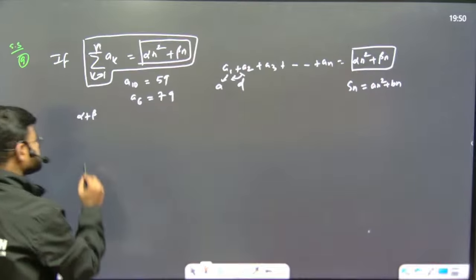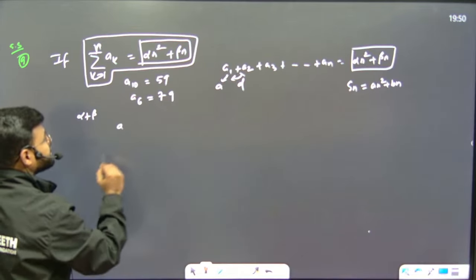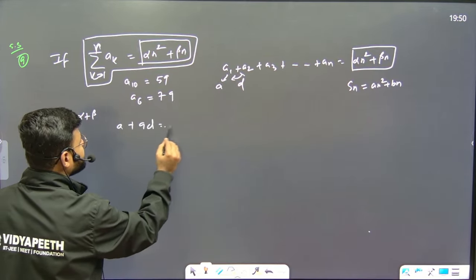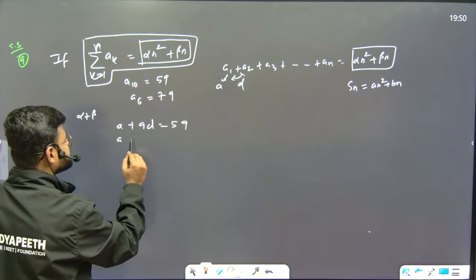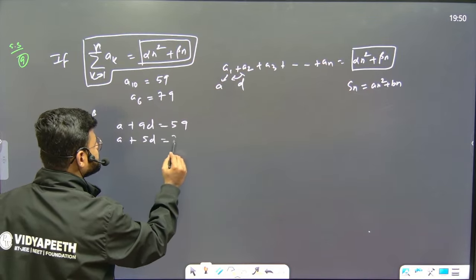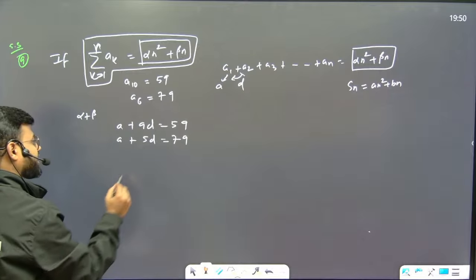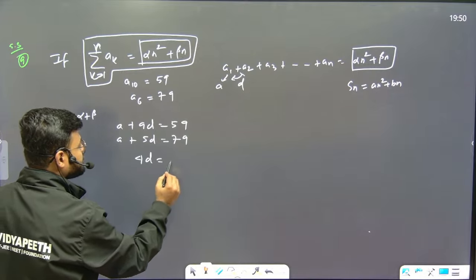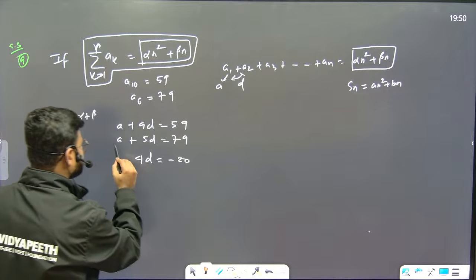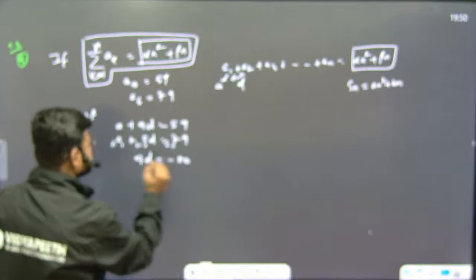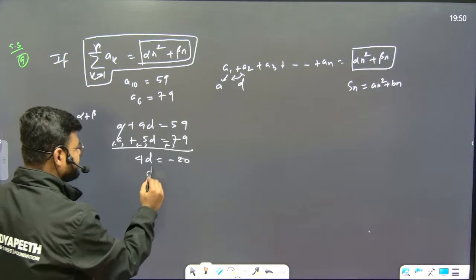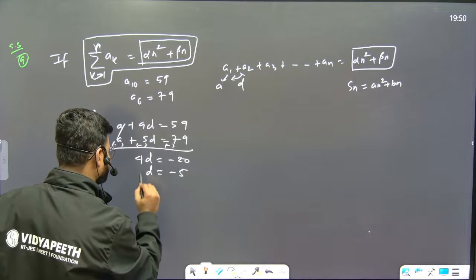According to the question, a plus 9d equals 59 and a plus 5d equals 79. So if I subtract, you will get 4d equal to minus 20, right? So finally d will come out as minus 5.